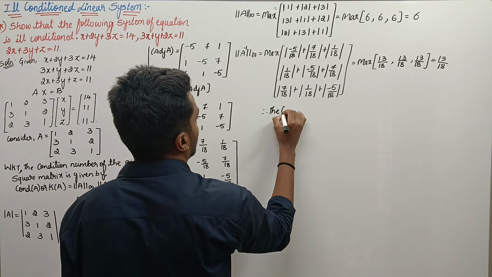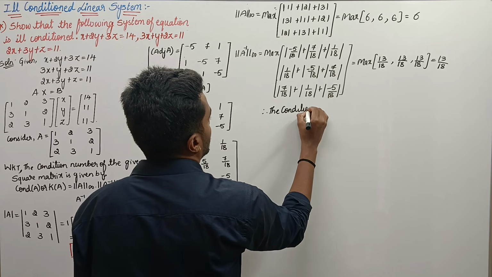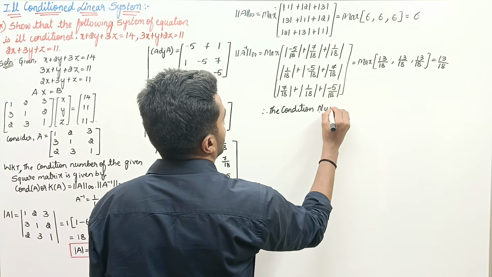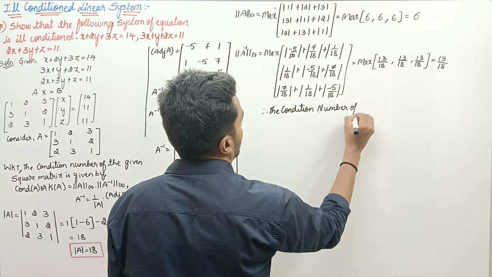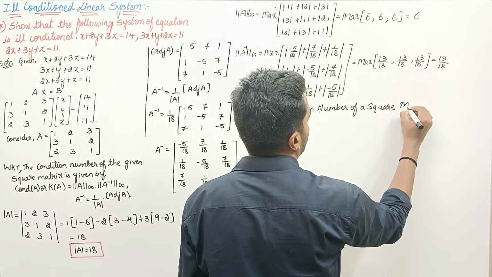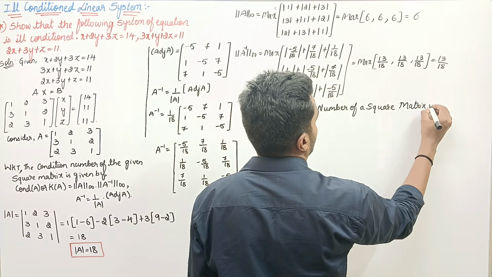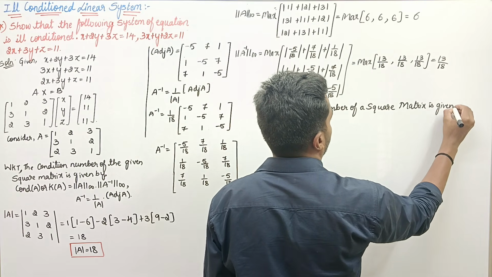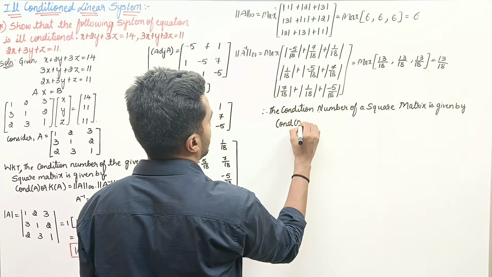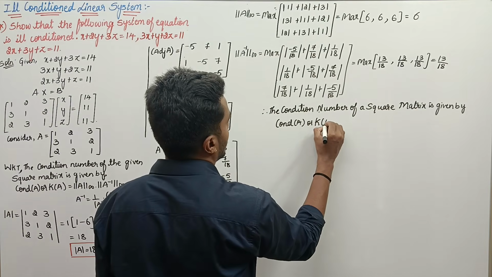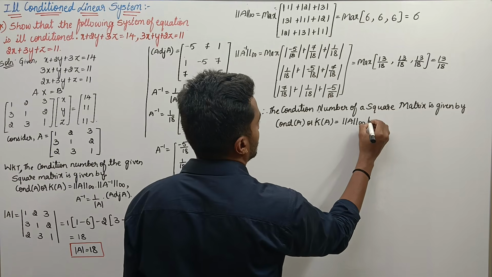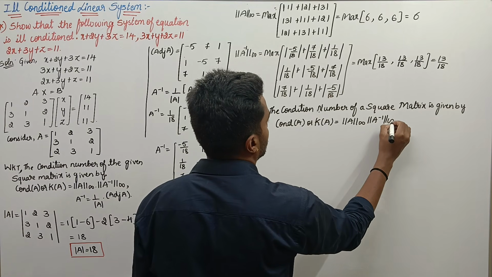Therefore, the condition number of a square matrix is given by condition of A, or K of A, which is equal to norm A infinity into norm A inverse infinity.